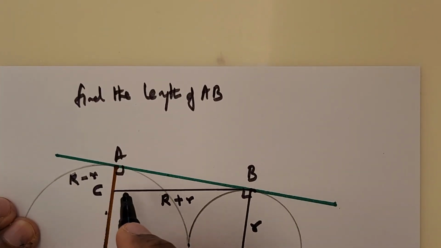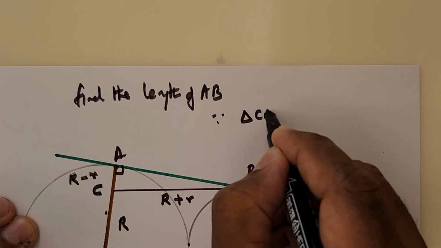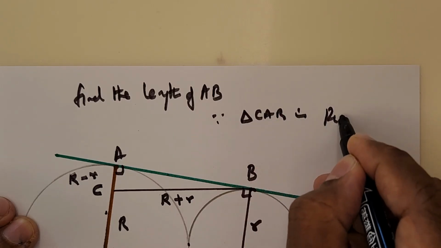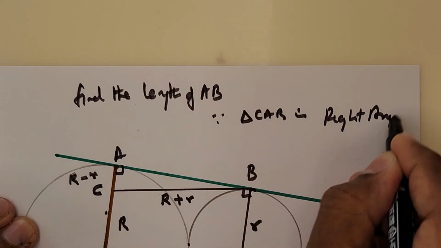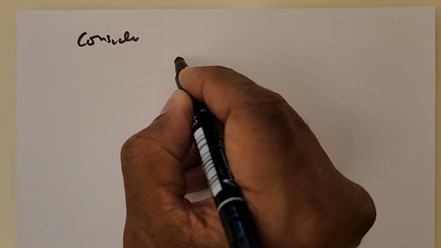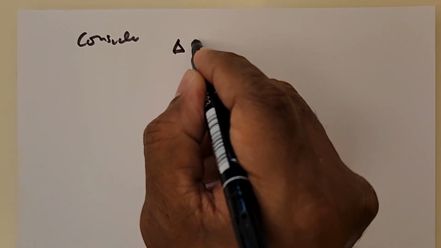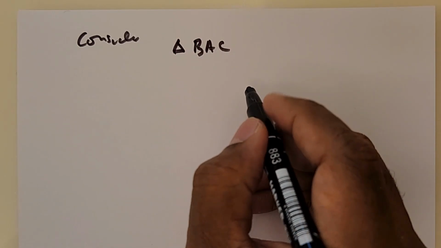And clearly, since triangle CAB is right angled, now what we need to do is we will have to consider triangle BAC.